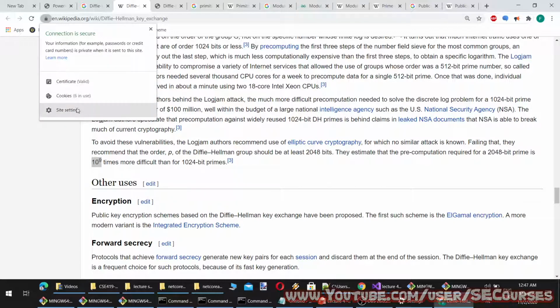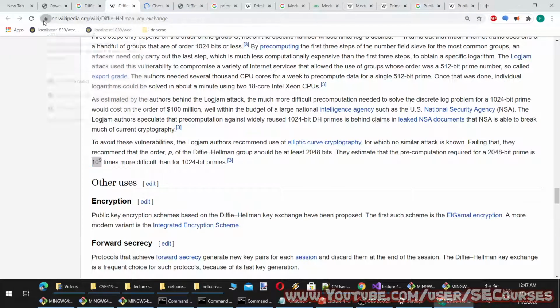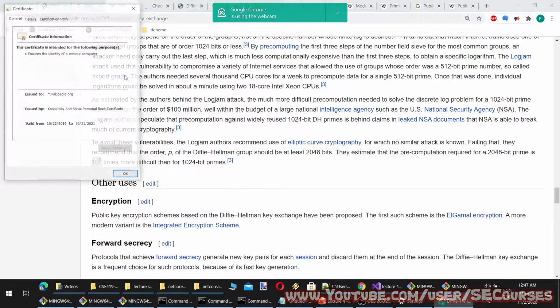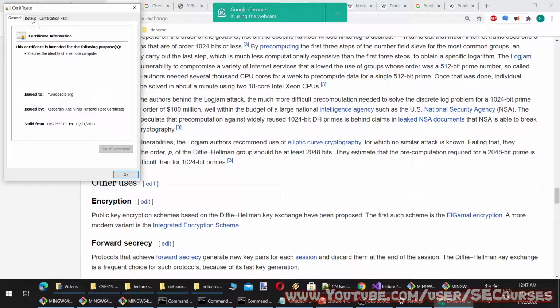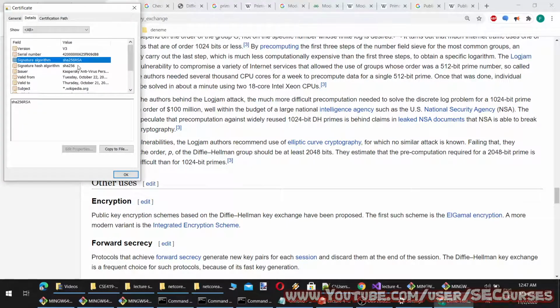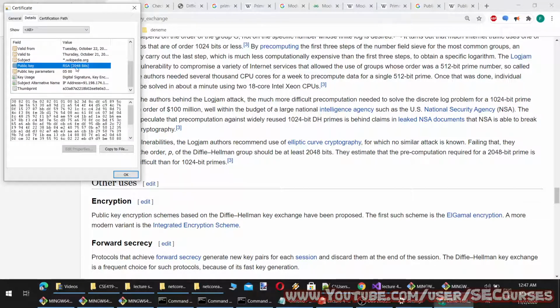So let's see our security. Perhaps the certificate. Okay, so the certificate is SHA-256. You see, it is 2048 bits.